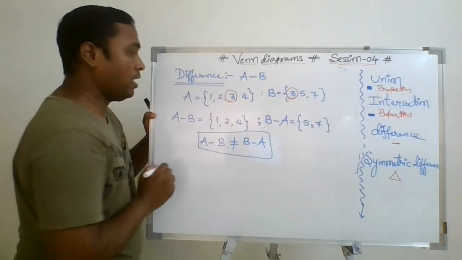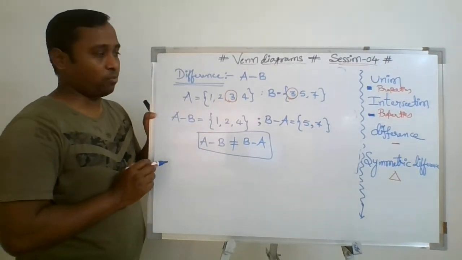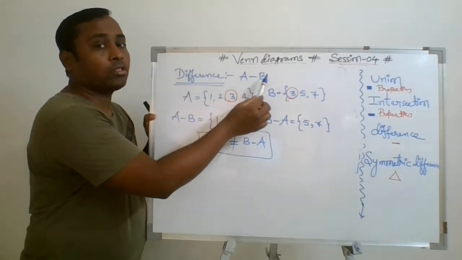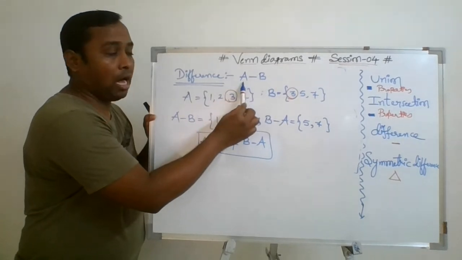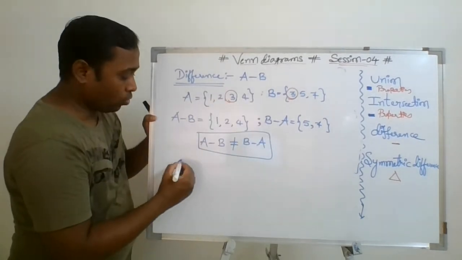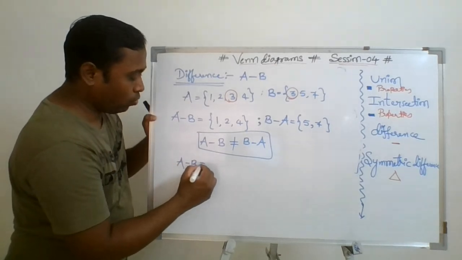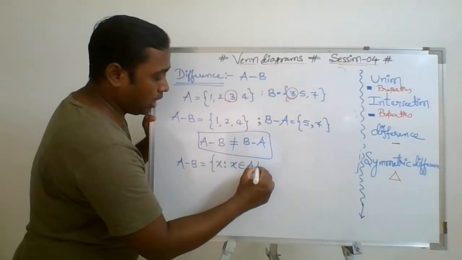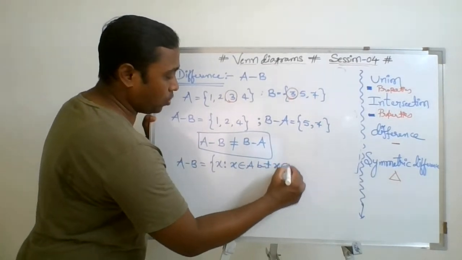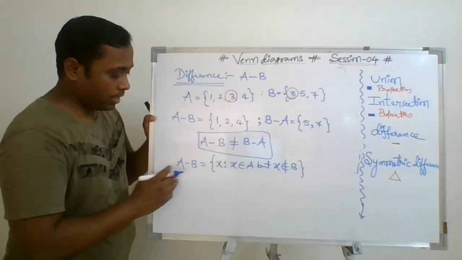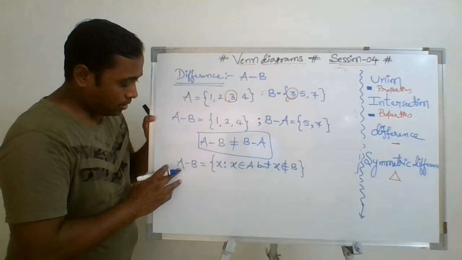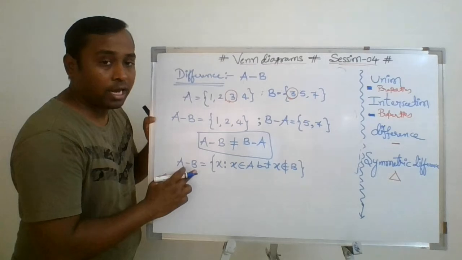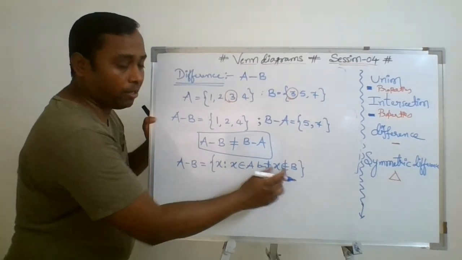Are you getting my point? So the difference of two sets, A minus B, means the elements which are in A but not in B. This can be written in set builder form as x such that x belongs to A but x does not belong to B. Set A minus B represents the set of elements which are in A but not in B. A में से B का एलिमेंट हटा के लिखना, A में होगा but B में नहीं होगा.